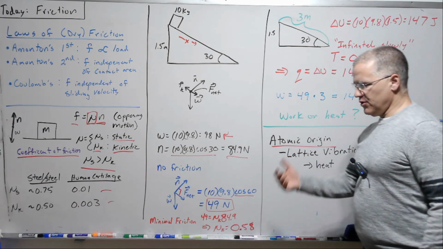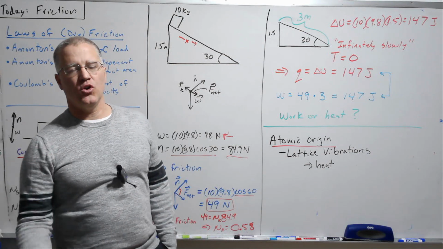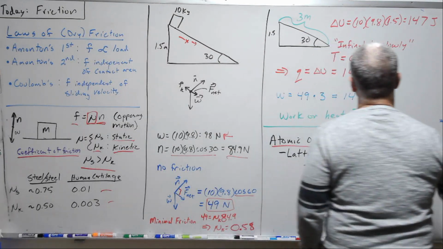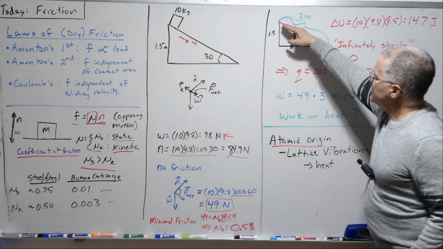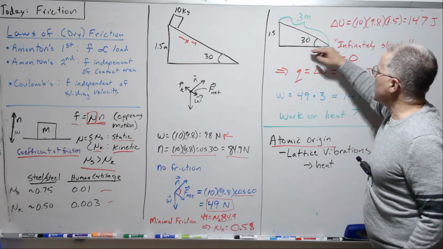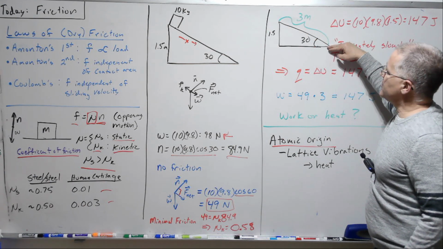Let's look at it from two perspectives: from a conservation of energy perspective, and from a work perspective. The box starts 1.5 meters above the ground and ends up over here at 0 meters above the ground.